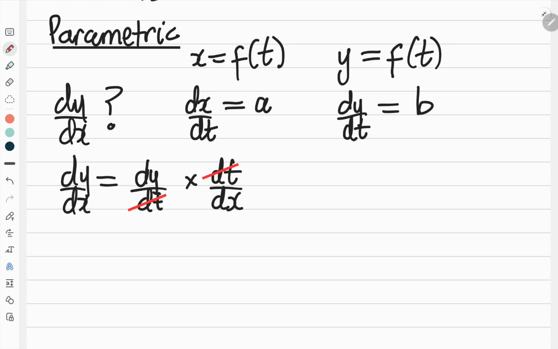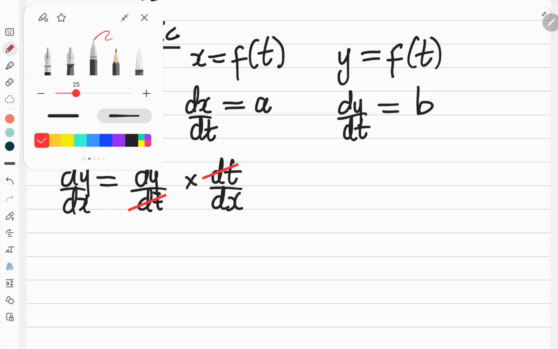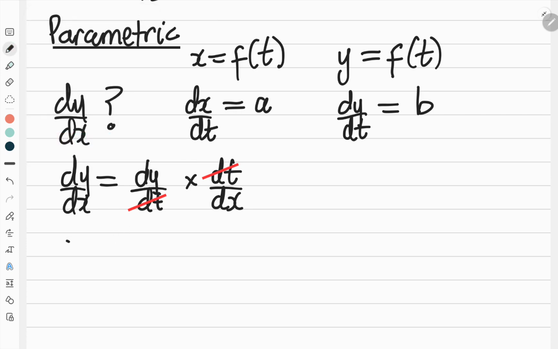So then what are we going to do next? We then say dy dx is equal to dy dt. We had assigned a value for dy dt to be equal to b multiplied by dt dx.